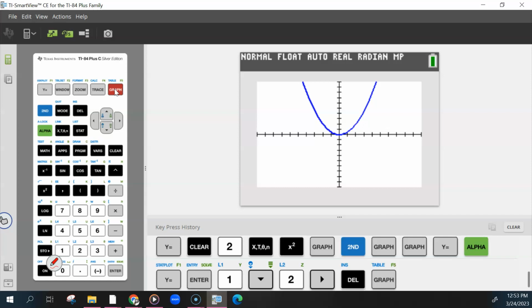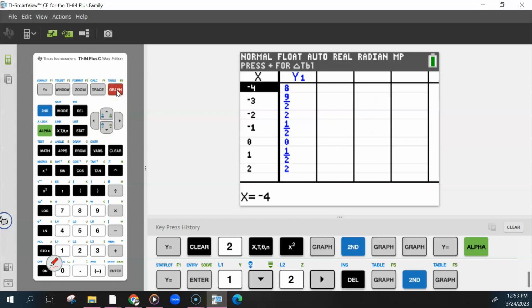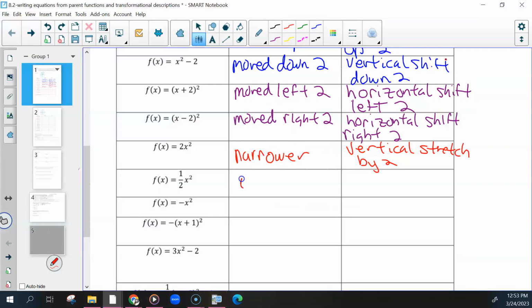And if you wanted to compare the y values, you could see that it does that. So that would be a vertical compression. By what factor? 1/2.